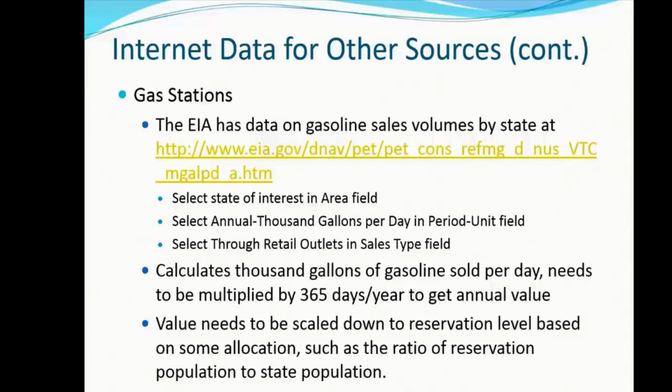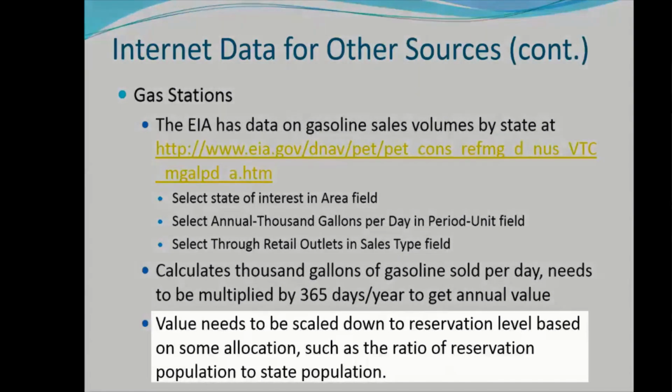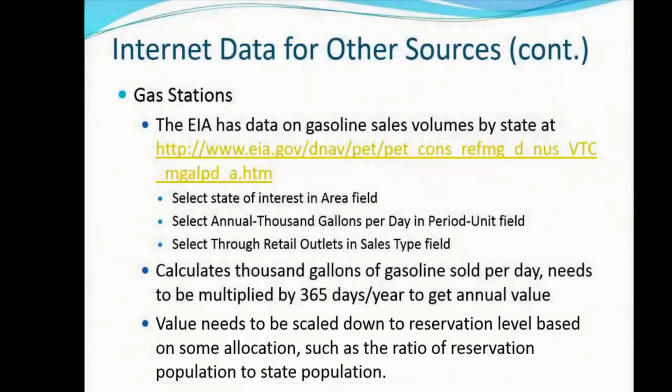Remember, this is by state, so you're going to need to do a scaling down approach to get it to the reservation level. You might want to use an allocation such as population. But again, this is a really rough estimation method, and it is probably more likely that you're going to be able to get data from a gas station. But if you can't, this is an estimation method that's out there.